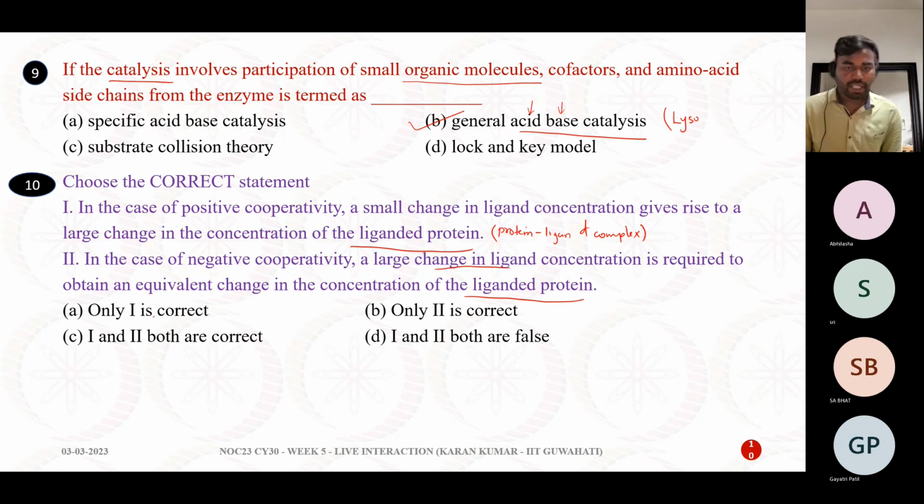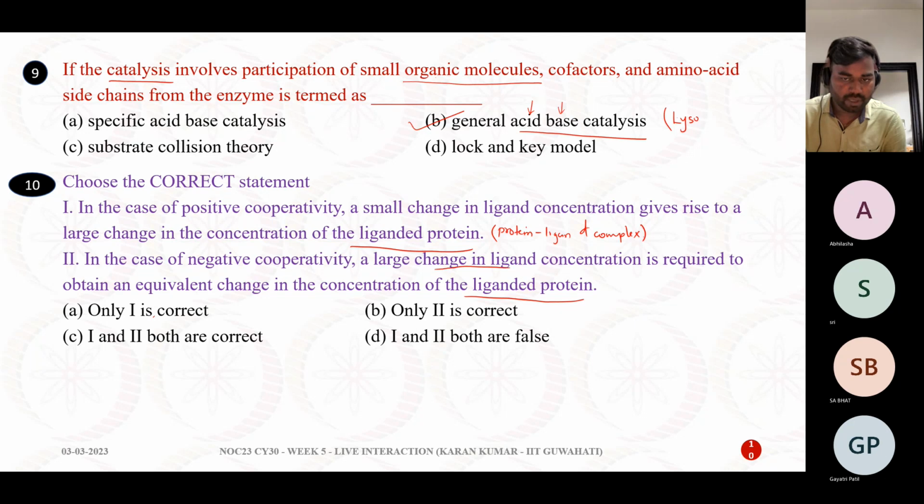What is positive cooperativity? Allosteric activation or allosteric inhibition? Allosteric activation. Very good. And negative cooperativity is just the opposite of that, right? So read both statements carefully and try to understand. Which is true?